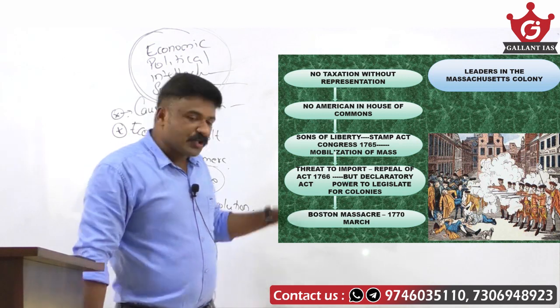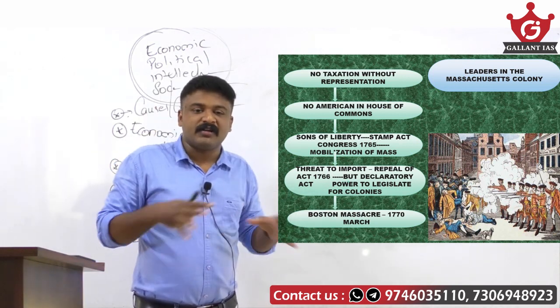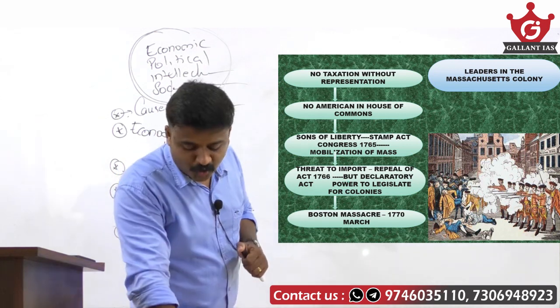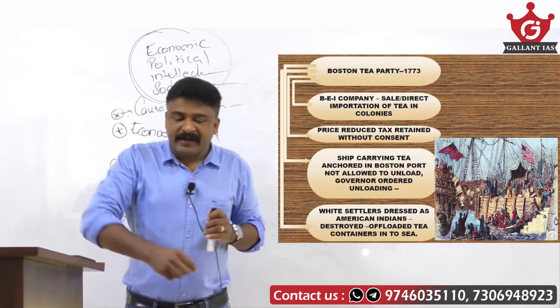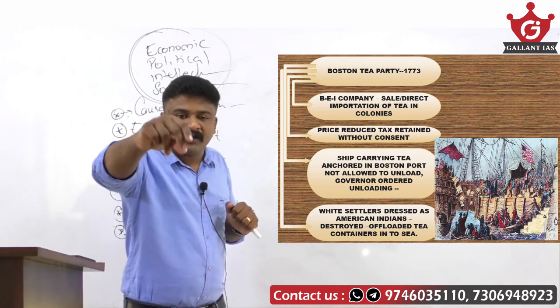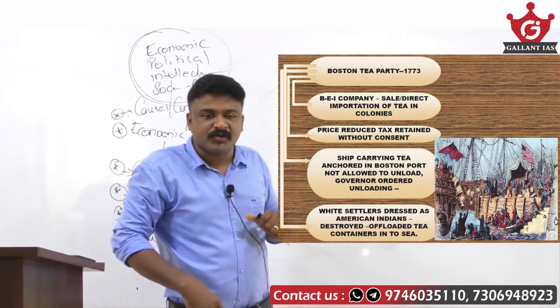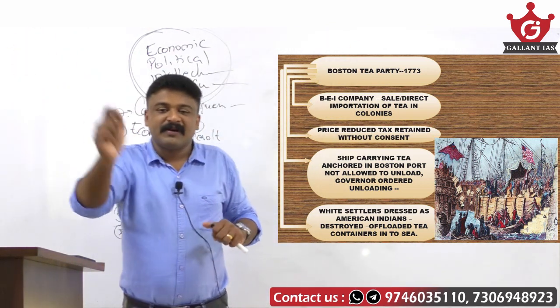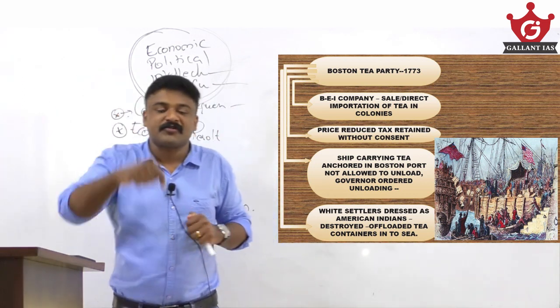Okay, so there was a huge protest, the Boston Massacre. Five protesters were shot down by British troops. Then there is the Boston Tea Party. Americans said to the British government, you don't have any freedom or right to impose taxes upon us. The British removed all taxes, but still they retained the tax on tea to promote the British East India Company's tea trade.